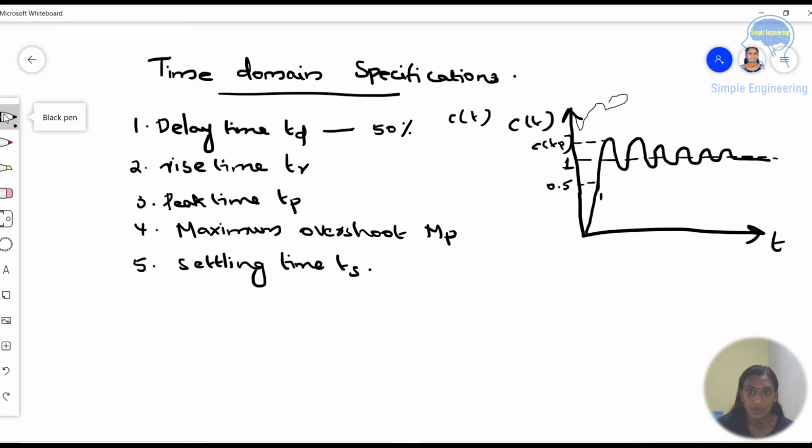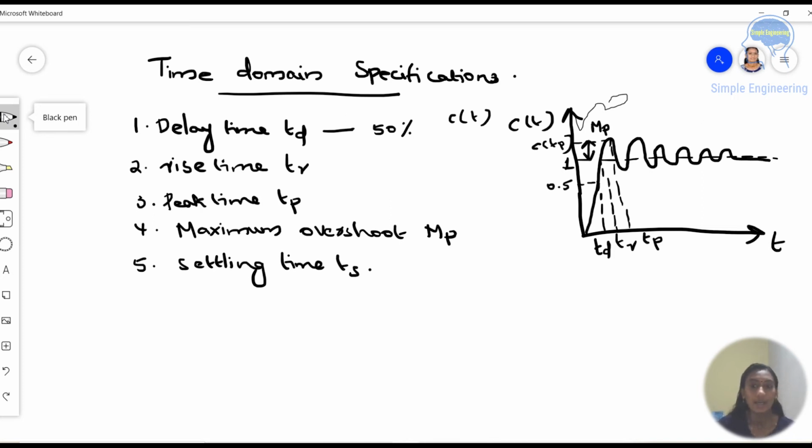So your delay time will be TD and your rise time is from here where it is rising. So this is your rise time TR and your TP is the maximum peak time. So this is TP and maximum peak overshoot is denoted as MP.